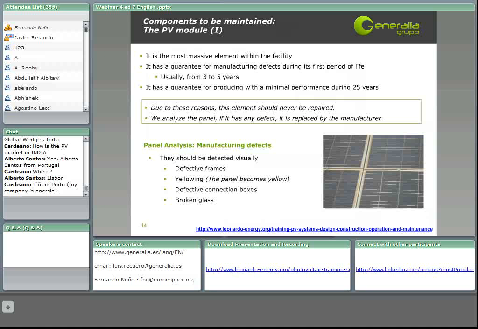We have to consider checking the defective frames, if the panels have any yellowing effect, that means that the panel becomes yellow in some areas, if there are any defective connection boxes, or if we get any glass broken.